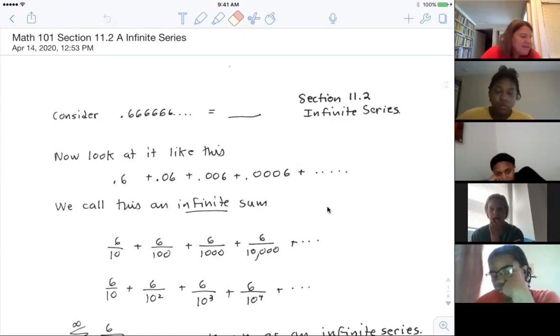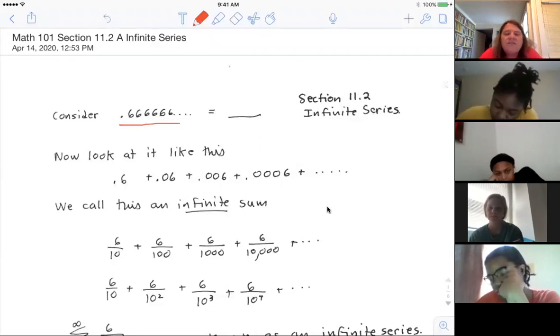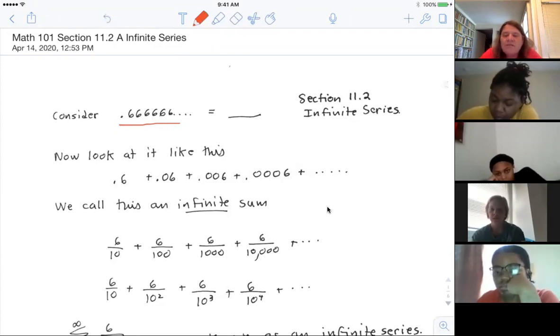If you put something in your calculator and you came up with 0.66666 repeating, what would your calculator be trying to tell you that was? 2/3. It's infinite, but does it get closer and closer to anything?